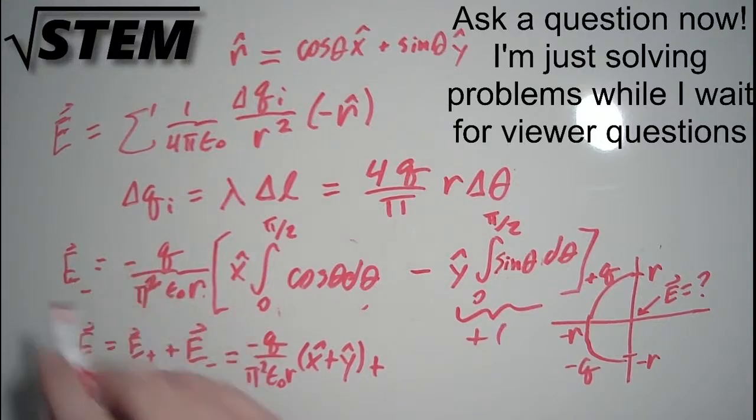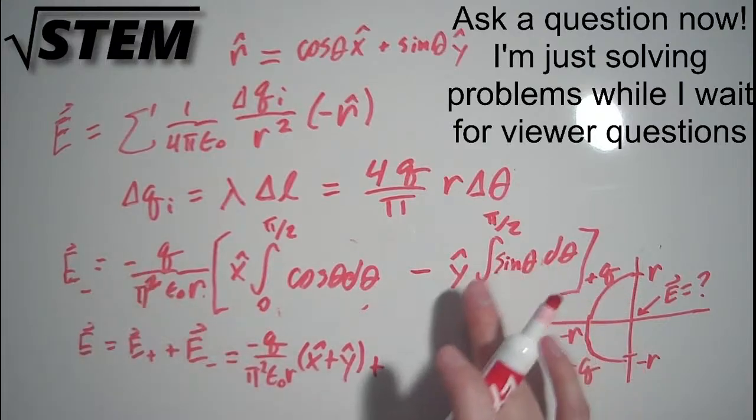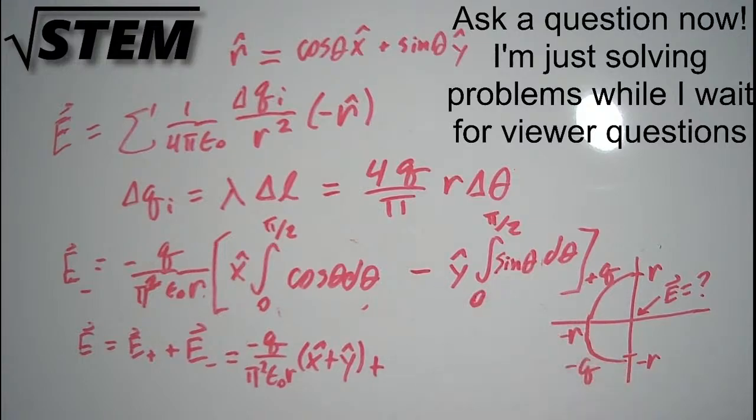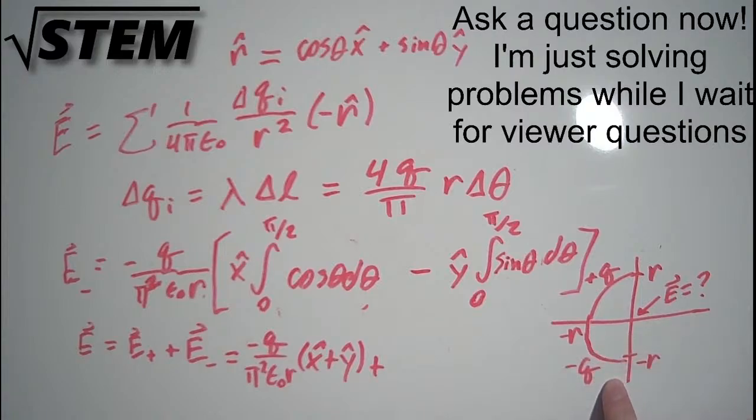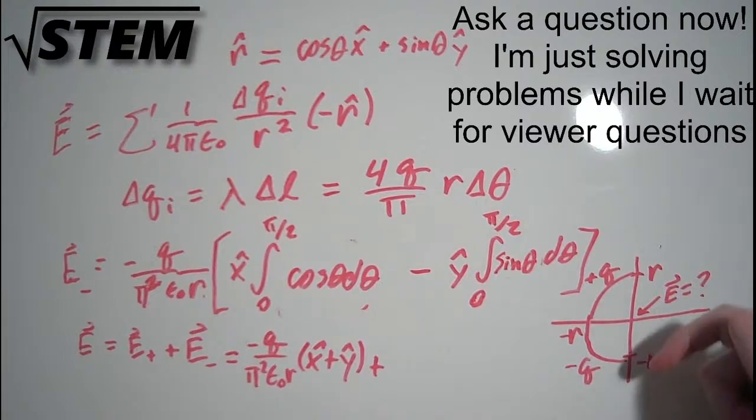So let's fill that in now. E minus, we would expect the x direction to give a negative value and the y direction to give a negative value, because a positive charge would move down towards this quarter circle.